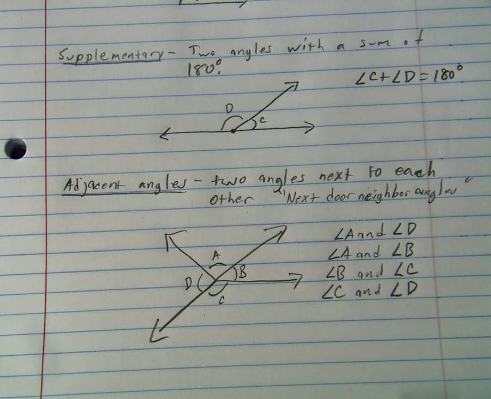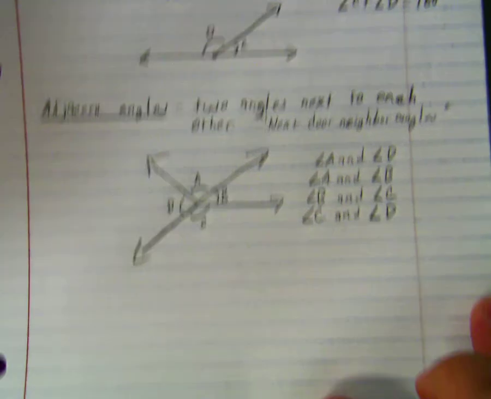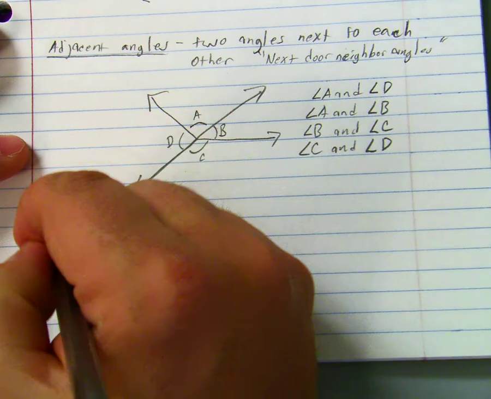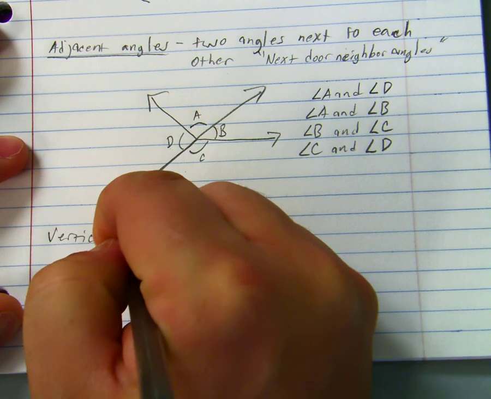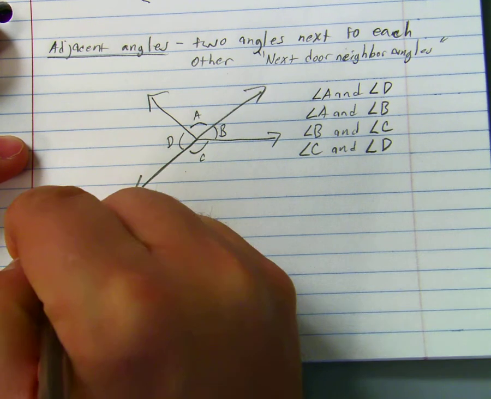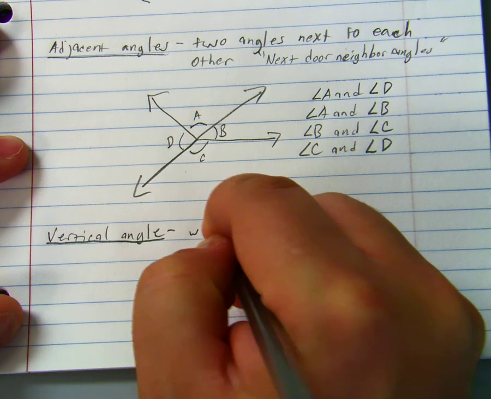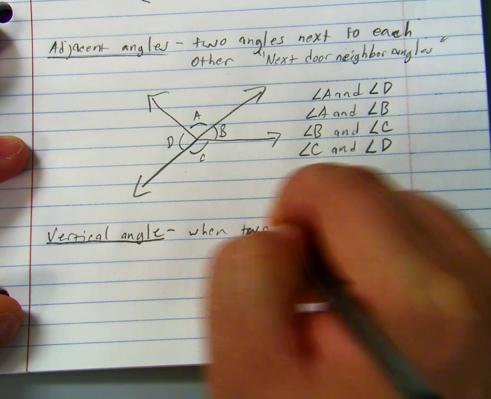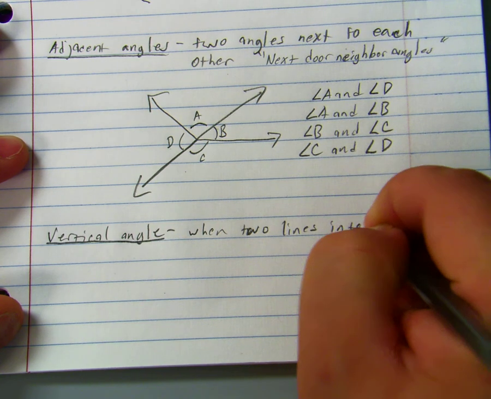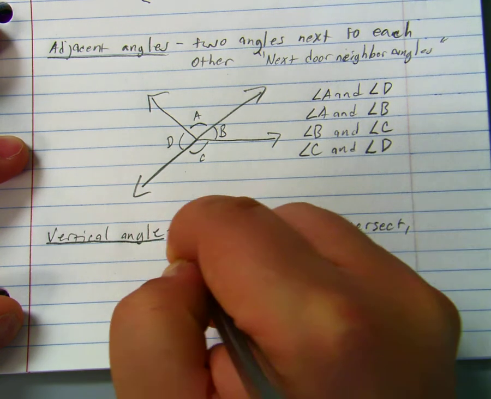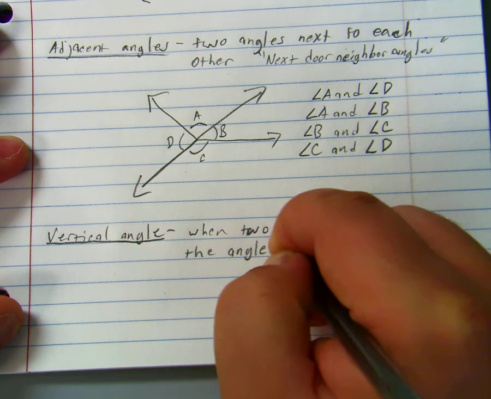When you have the angle that's across from one another, that's called a vertical angle. When two lines intersect, the angle across is the vertical angle.